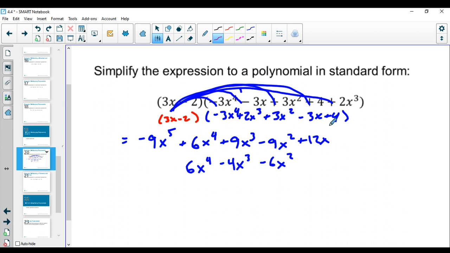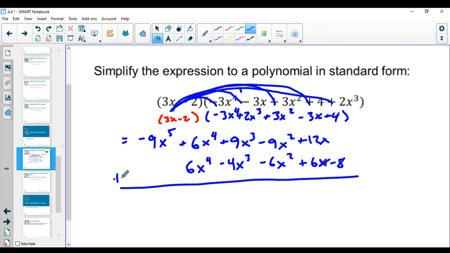And then negative 2 times negative 3x is going to be positive 6x. And then the last one, negative 2 times positive 4 is going to be minus 8. And then since I've lined it up nicely, I can just add them.